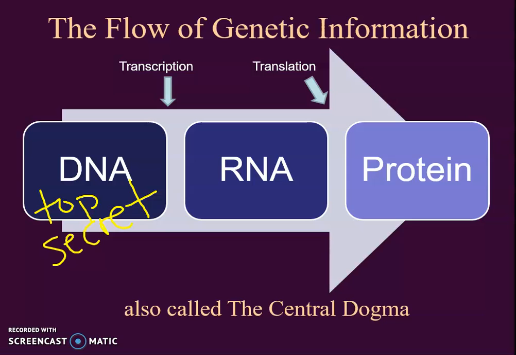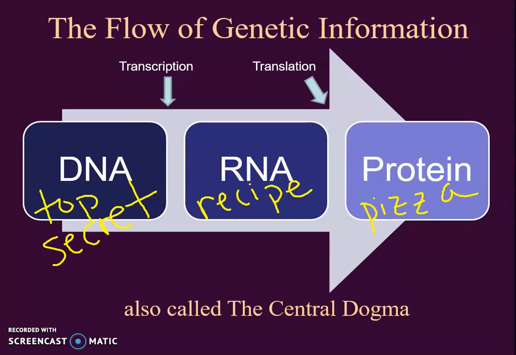You can copy down the recipe on another piece of paper, on a message, and take it out to the kitchen. So think of the RNA as like the recipe. We can copy it down and take it out of the nucleus, out into the cytoplasm for the cell to use it. Now, once you get that recipe out of the office, you can go into the kitchen and put the ingredients together to build your pizza. That's kind of like the protein.